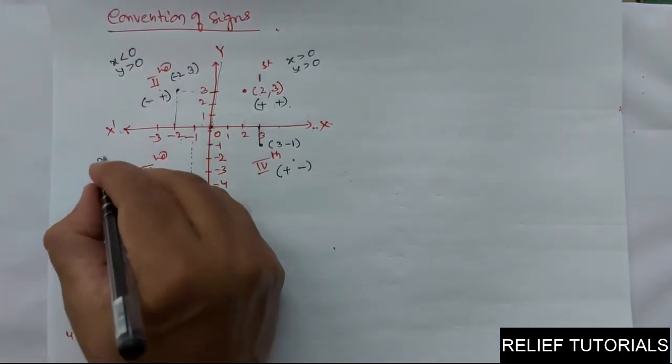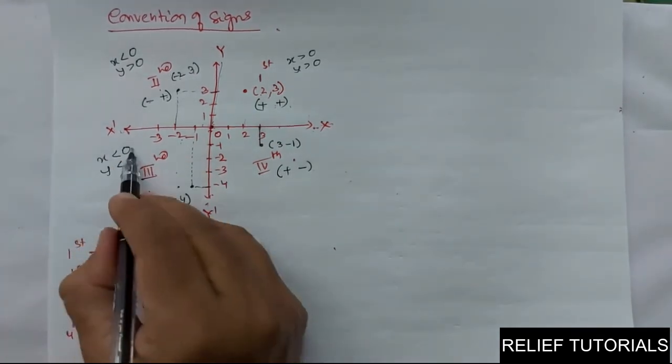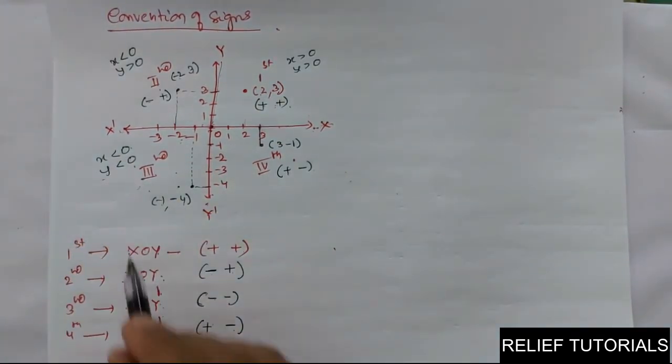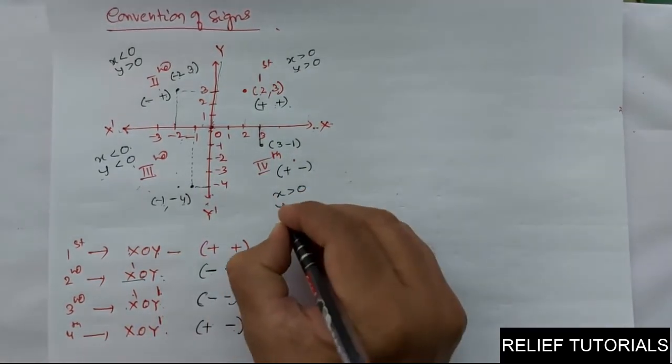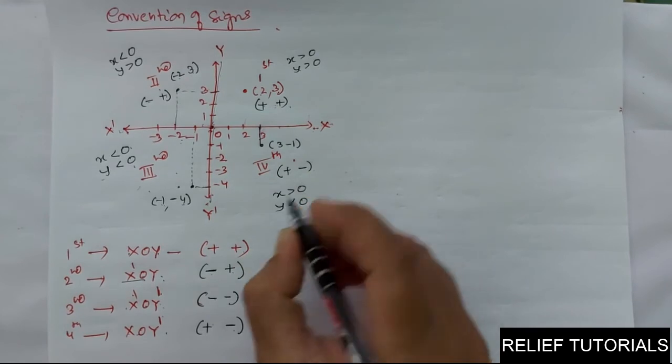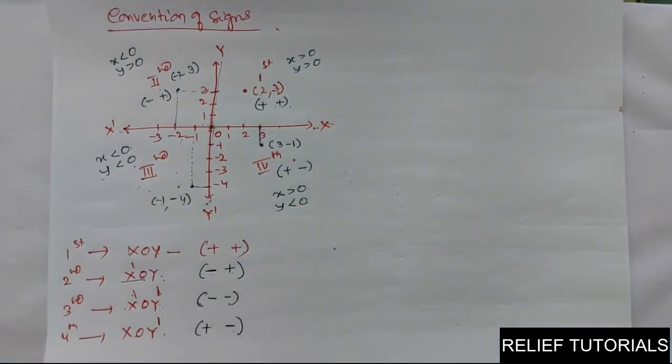Here x less than 0, y also less than 0, so both negative. And here x greater than 0, positive, y less than 0, negative. So this is the convention of sign. Have you got it, friends? So convention of sign we have discussed.